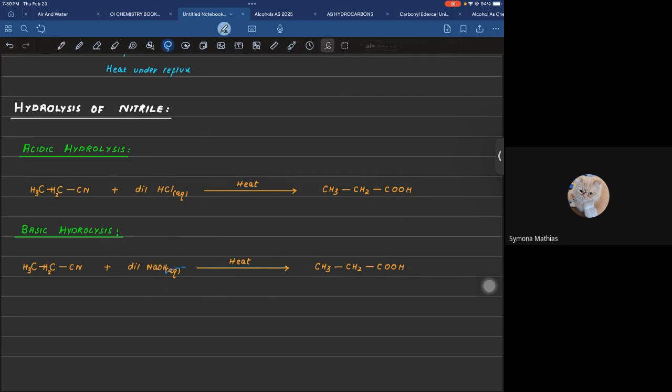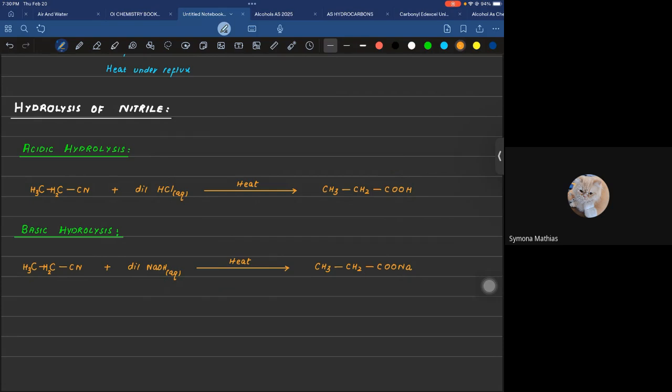So instead of carboxylic acid, its salt will be formed. This is the salt of carboxylic acid.